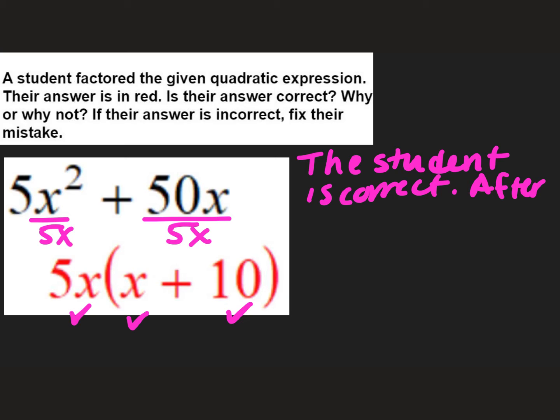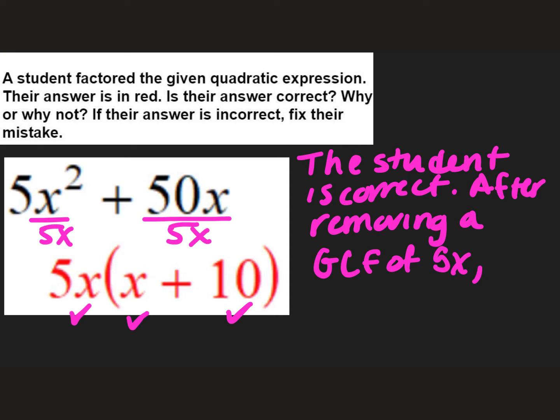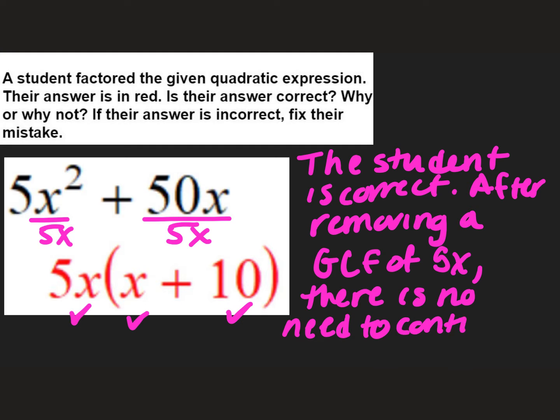After removing a GCF of 5x, there is no need to continue factoring.